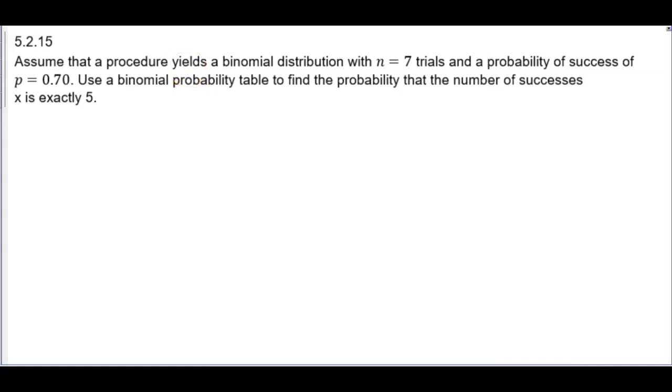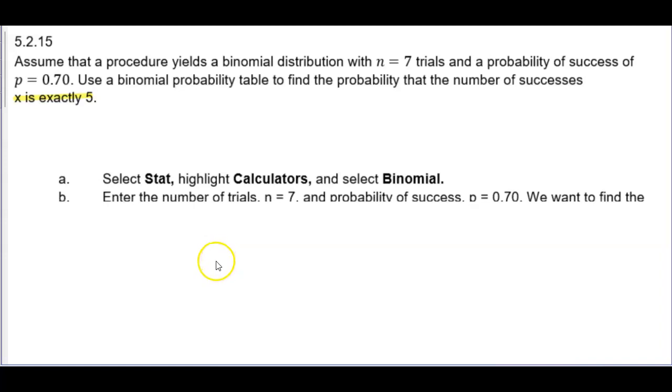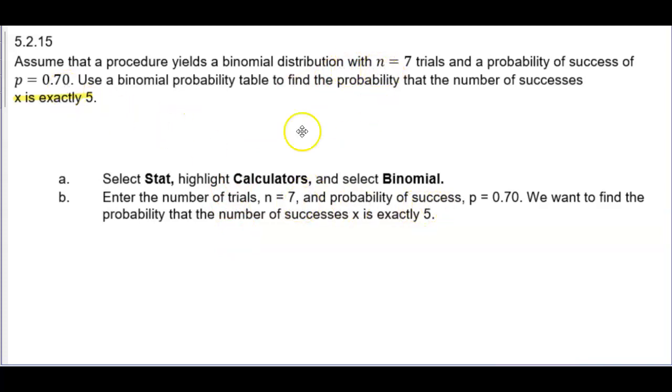Now the key word that we need to look at here is that it says x is exactly 5. With StatCrunch, we're going to do the following. I'm going to open this up. We're going to select Stat, highlight Calculators, and then select Binomial. We're going to enter the number of trials, where n is equal to 7, and the probability of success, which is given, equal to 0.70.